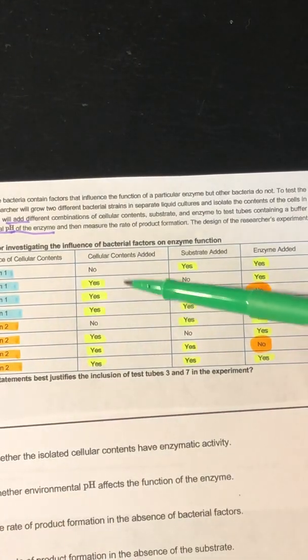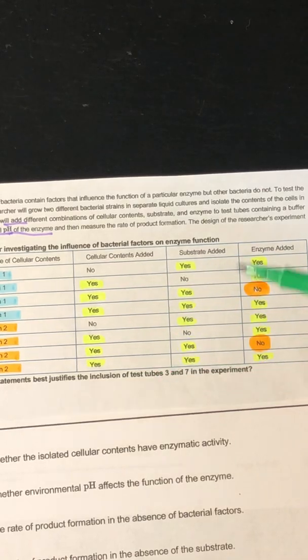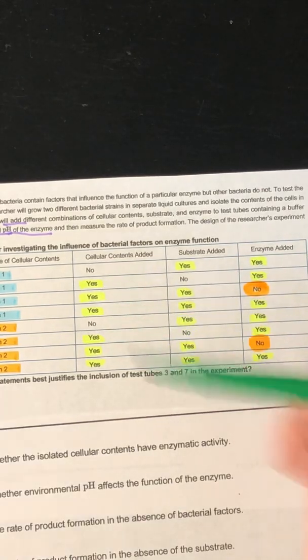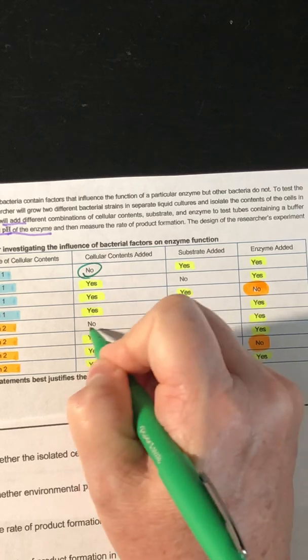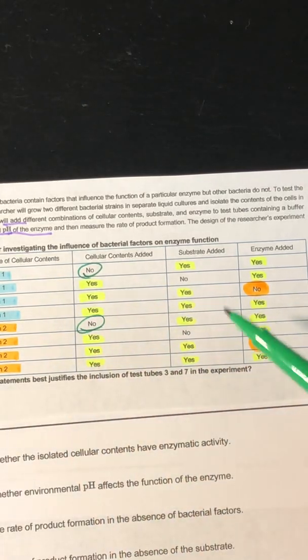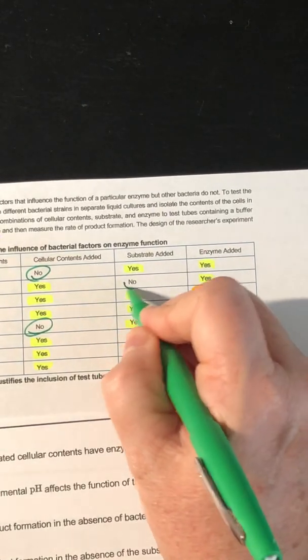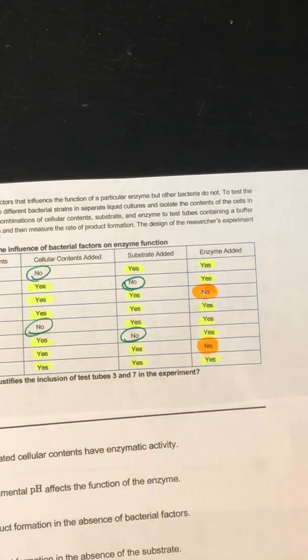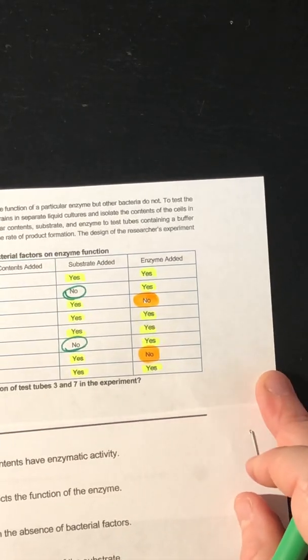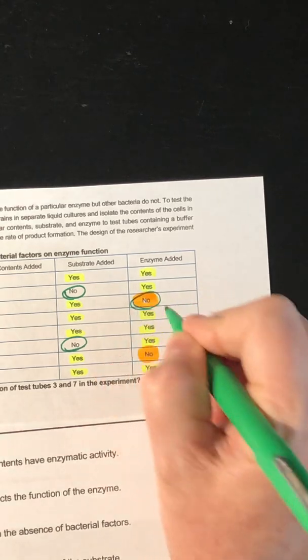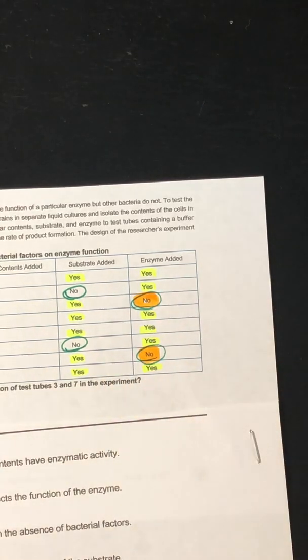And then he adds some sort of cellular contents to most of these. Okay, so 1 and 5 are missing those. All right, the substrate, 2 and 6 are missing it. And then the enzyme added. Okay, so 3 and 7 do not get the enzyme.